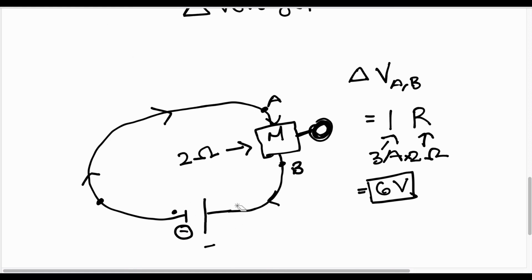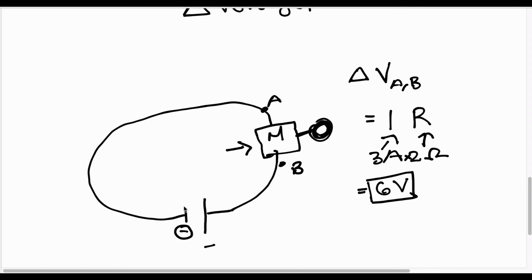I'm going to erase some of these other points here, kind of distracting, and maybe some of these arrows too. So one thing I want to clarify real quick is that although the electrons move from here to here, actually the way current is depicted is that protons move from here to here.